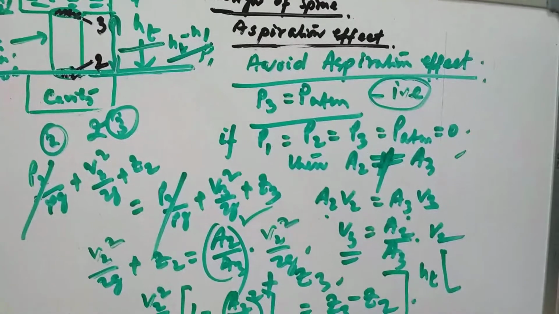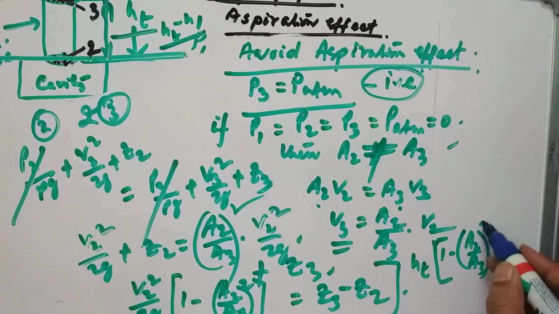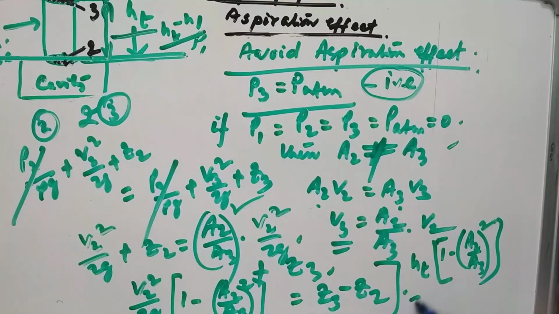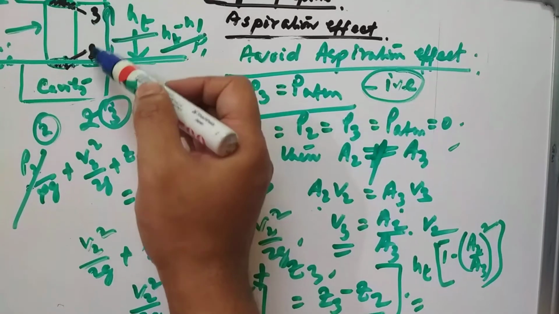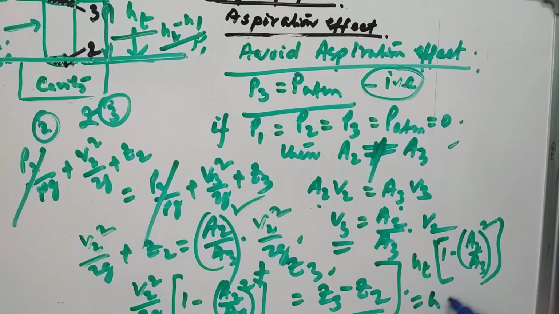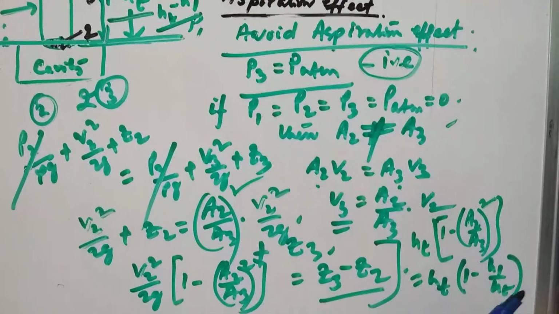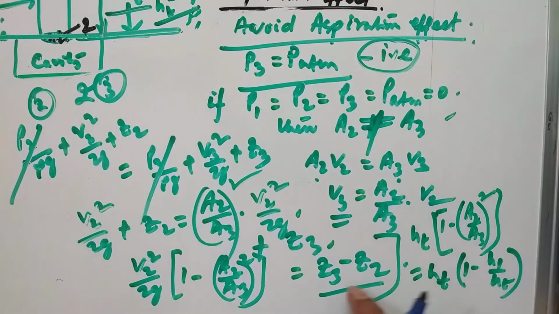So HT into 1 minus A2 by A3, that square, should be equal to again Z3 minus Z2, which is HT into 1 minus H1 by HT. This will be the expression for the right hand side, Z3 minus Z2.